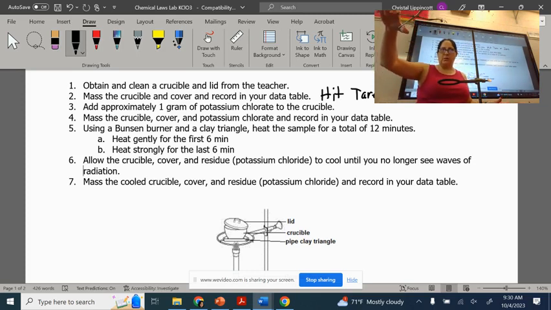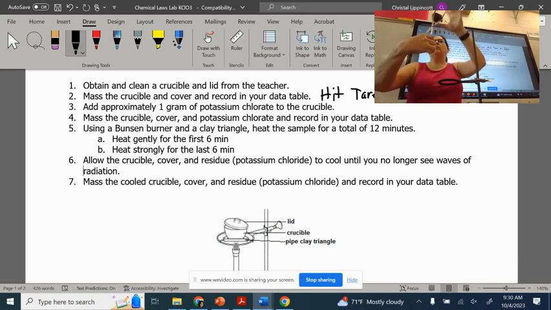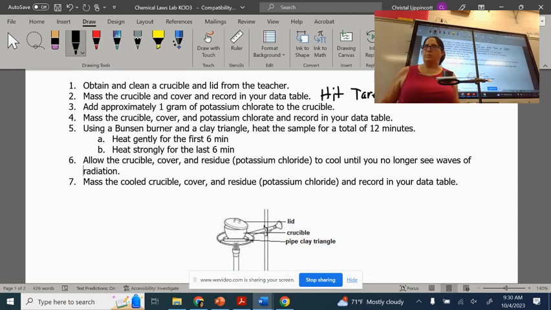How we hold these? So crucible tongs, you're going to be holding them, and they fit nicely around your crucible. That's why they're crucible tongs, because they actually fit properly around there. And you can move that around and so forth.